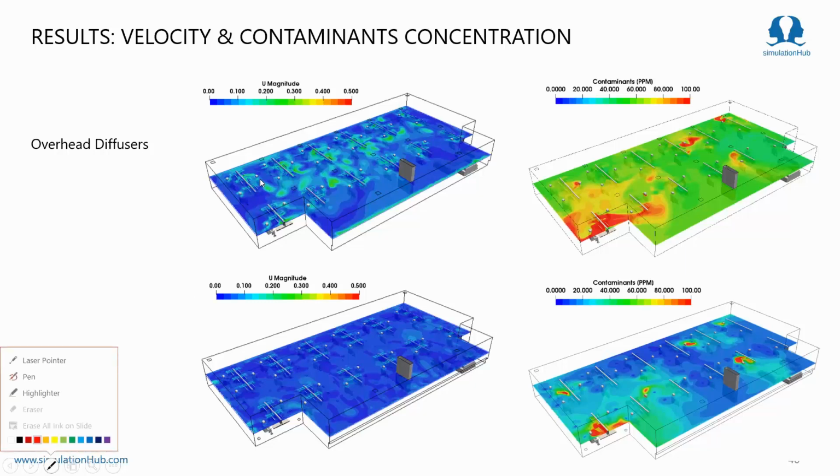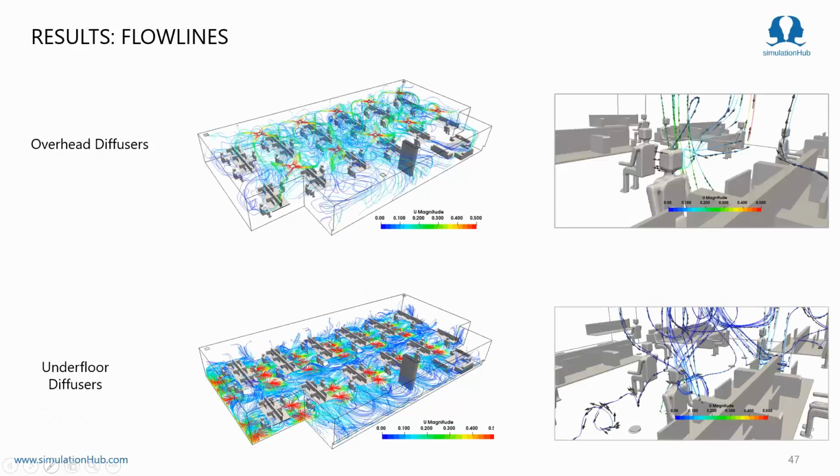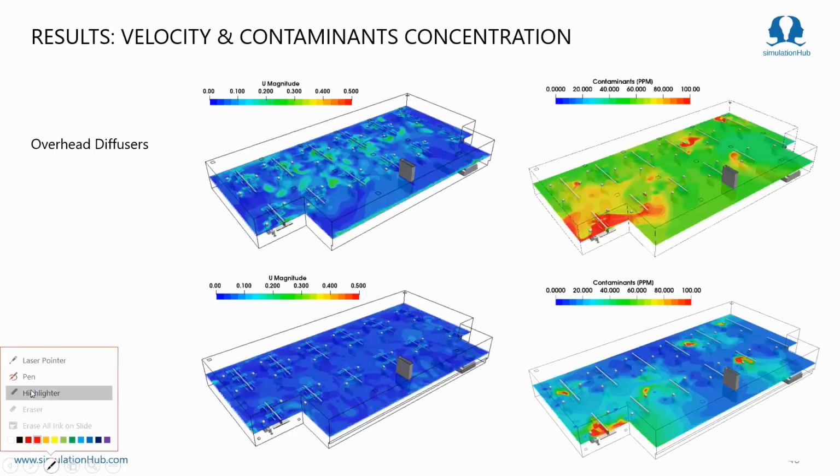You can see over here, this is the high velocity region near the diffusers. This is due to the draft produced by the diffuser. So this draft may also create a thermal comfort problem for the mannequins.